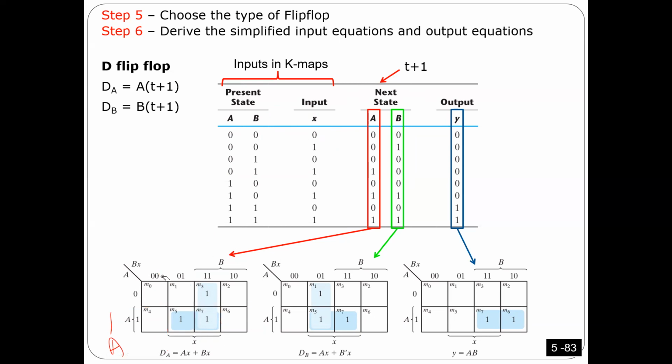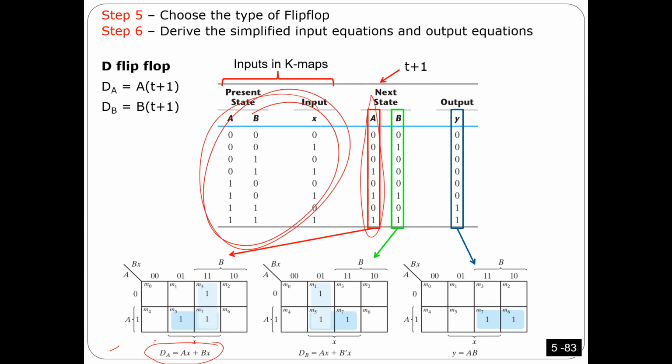Anyway, once I do that, I take F1 and do simplification using K-maps, and this is the result I found. In order to get these values at the input of the flip-flop for these input values, this is the equation: DA has to equal AX or BX.